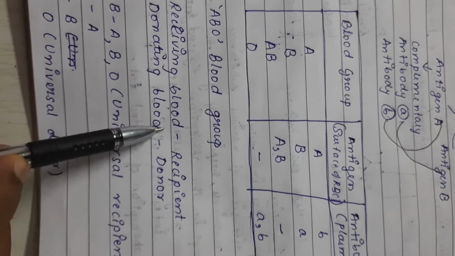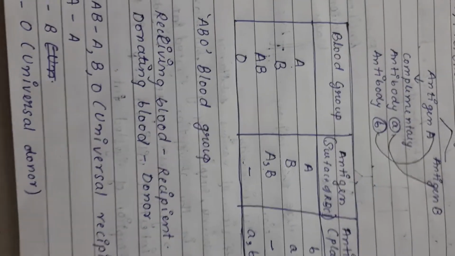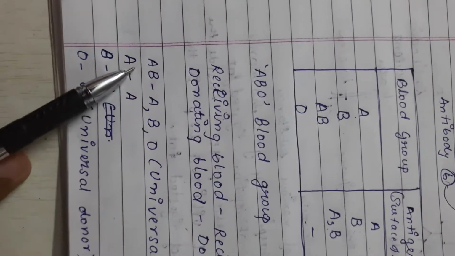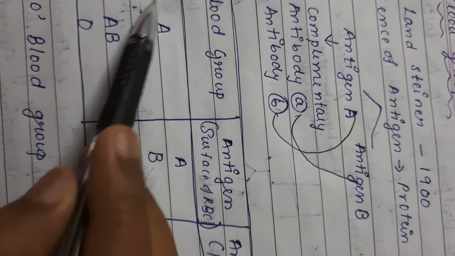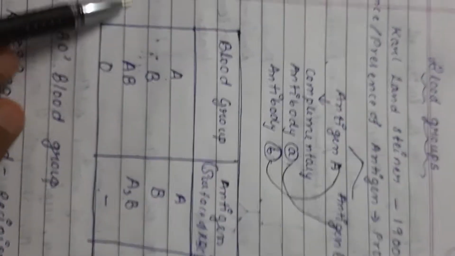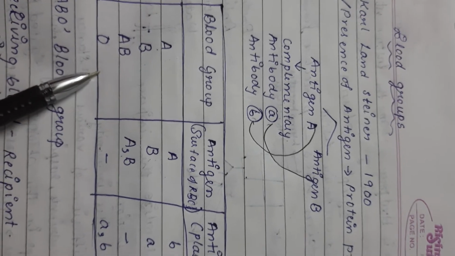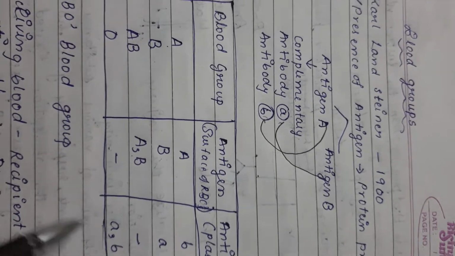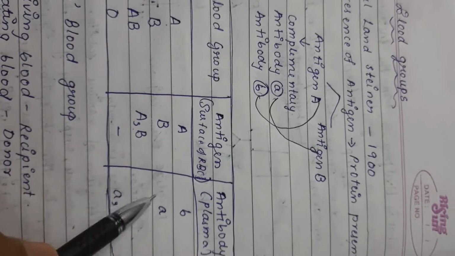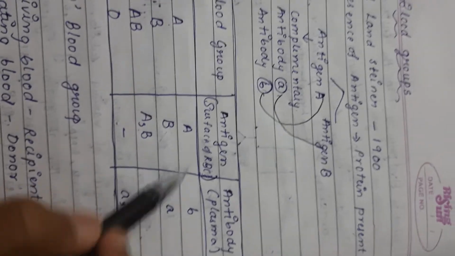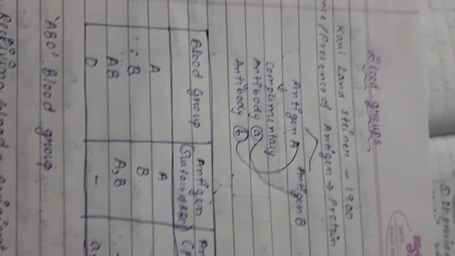The person who receives the blood is called the recipient, and the one donating the blood is called a donor. See here. A person having blood group A will receive blood from A only or from O, or else if it receives from a person B, the antigen and antibody will collide and fight each other.